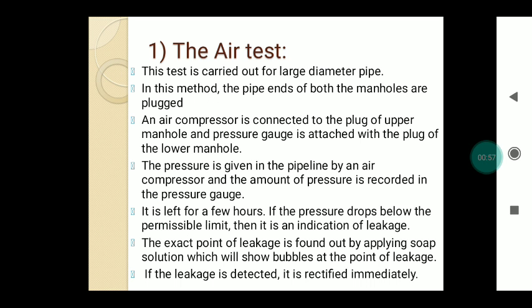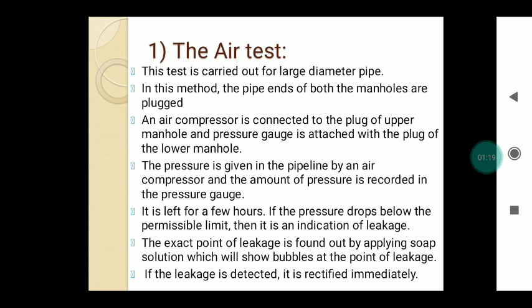The first test is the air test. This test is carried out for large diameter pipes, in which the pipe ends at both manholes are plugged, and the air compressor is connected to the plug of the upper manhole and a pressure gauge is attached to the plug of the lower manhole.